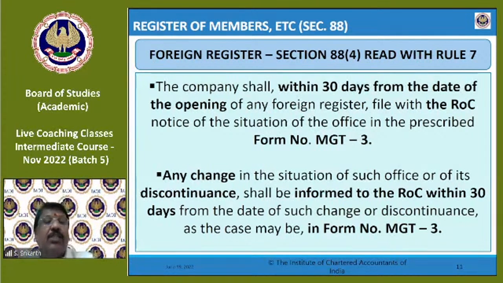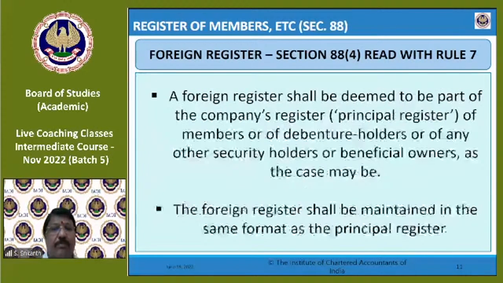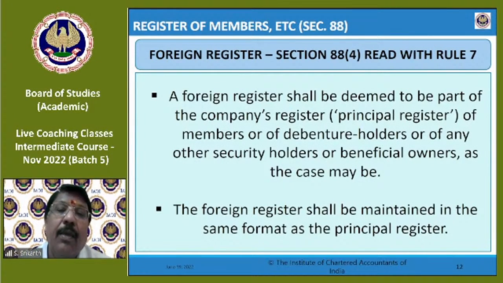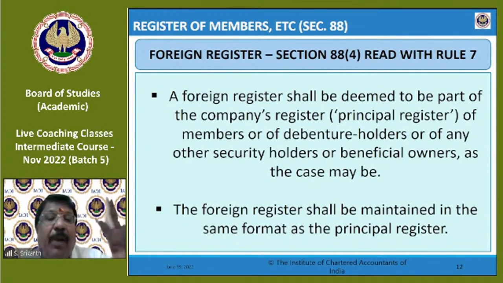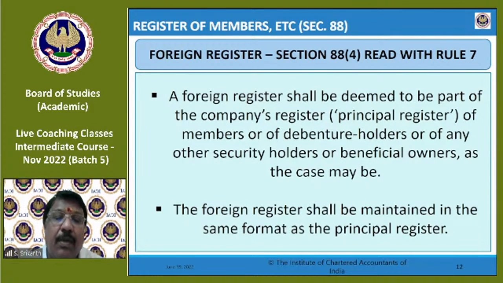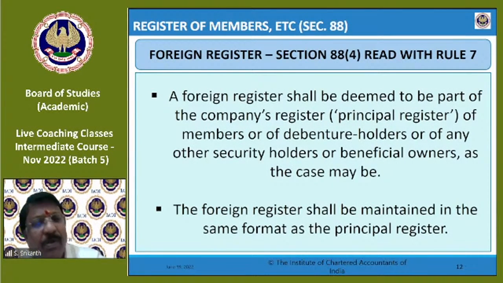Any change in the situation of such office shall be informed to the ROC within 30 days, again in form number MGT3, so that the ROC should know, right? The foreign register shall be deemed to be part of the main register, in the same format as the principal register, if it is MGT1 or MGT2.